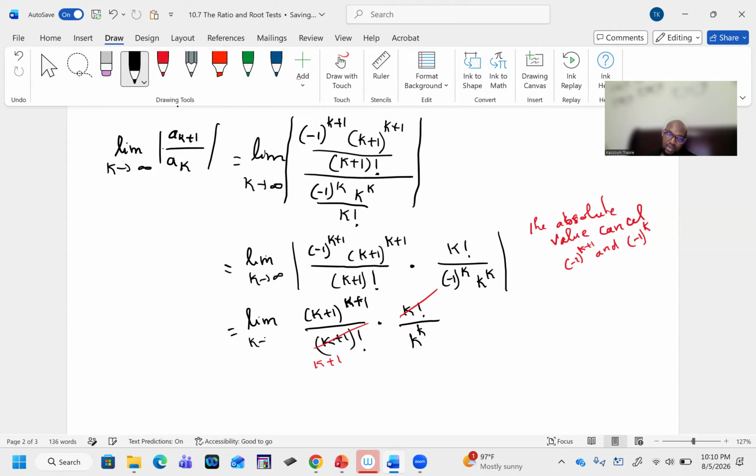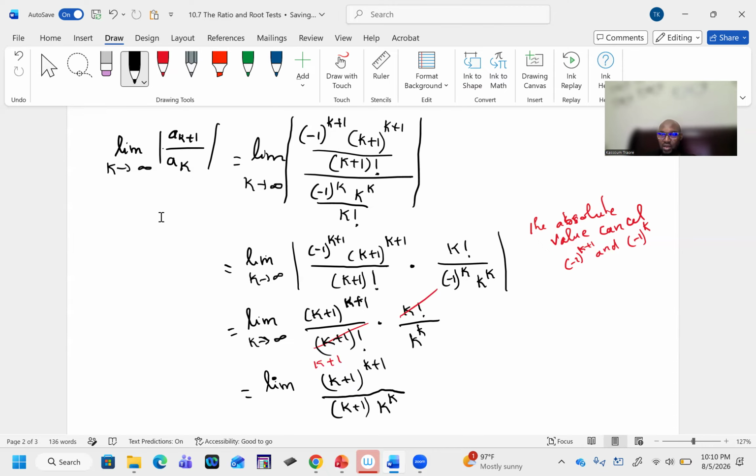As k approaches infinity, we will be left with k plus 1 to the power of k plus 1 divided by k plus 1, which is left from the k plus 1 factorial, times k to the power of k.